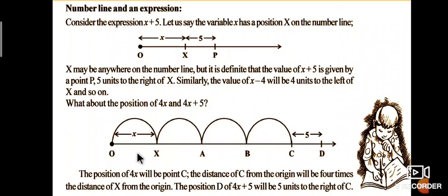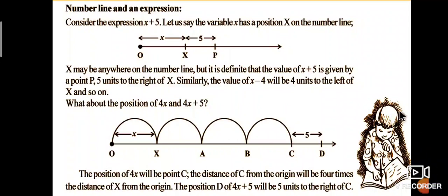The distance from the origin to C is the distance of 4x. Therefore, the point D of 4x plus 5 will be 5 units to the right side of C. This is the number line and the expression.